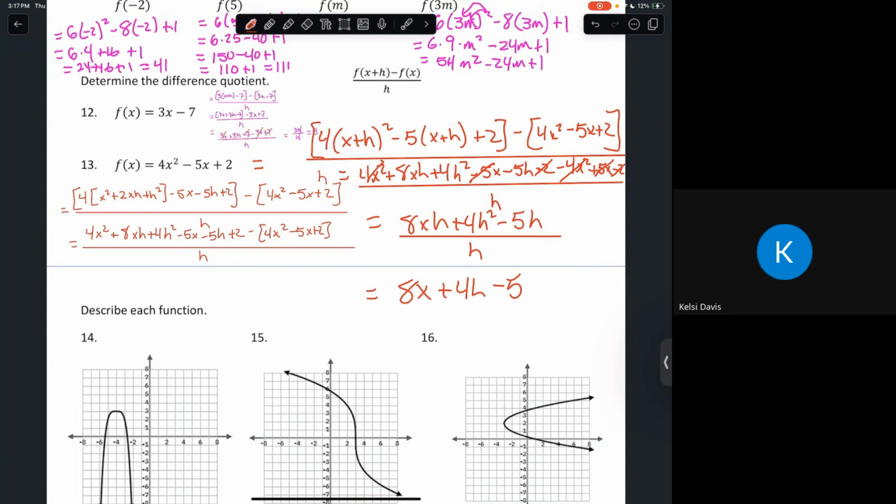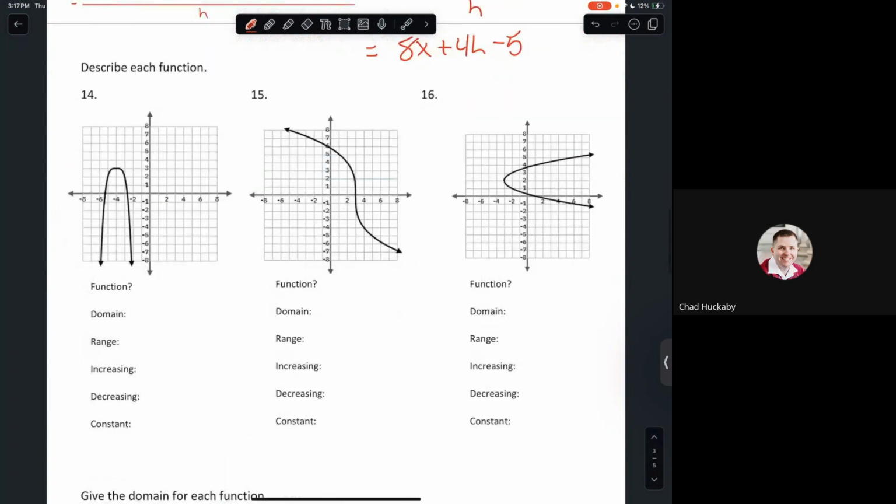Okay, no, sir. Let's move on and discuss these little functions in 14, 15, and 16. So the question first is, is number 14 a function? Well, yes. There's not a vertical line that I can pass through that would pass through it more than once. So anywhere I put a vertical line, it only crosses the graph once.